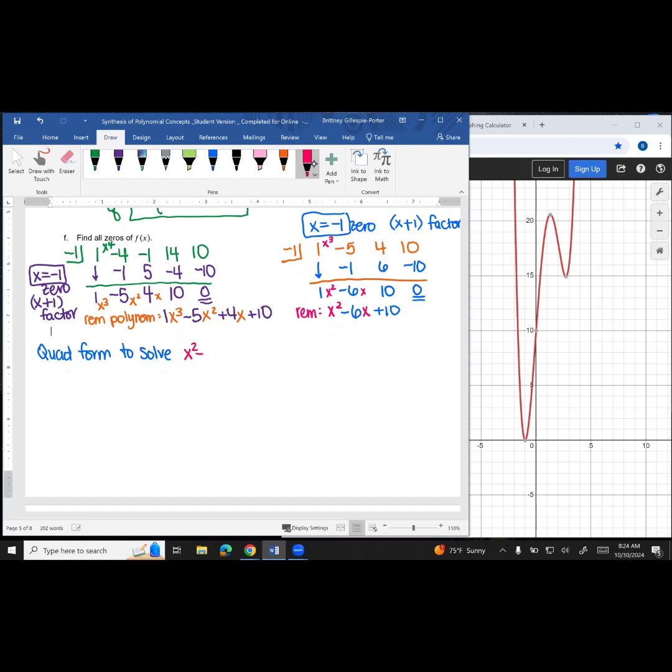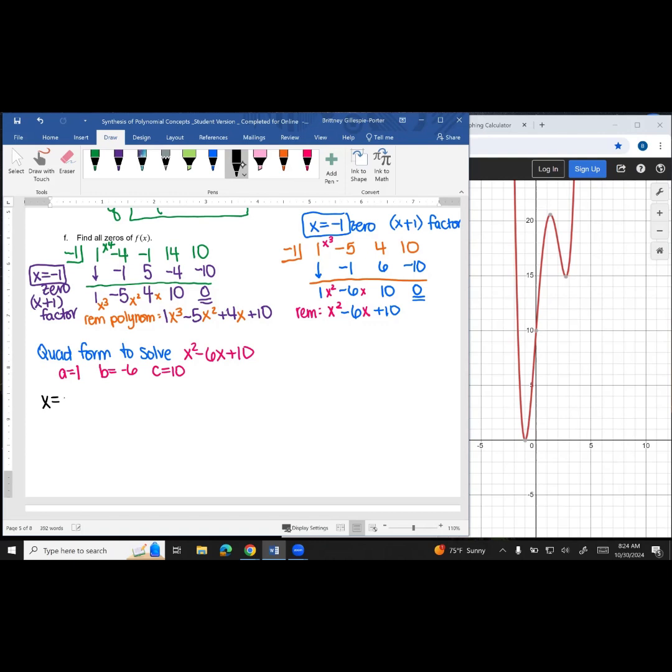x squared minus 6x plus 10. Here we have a is 1, b is negative 6, and c is 10. We're going to plug into the quadratic formula.